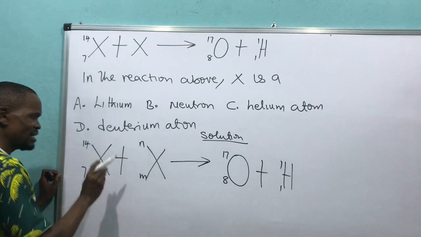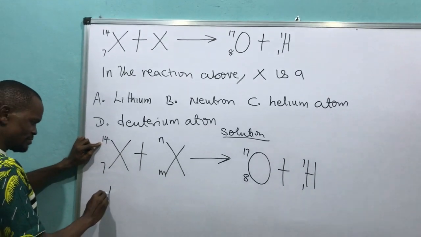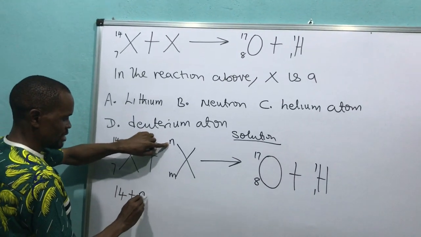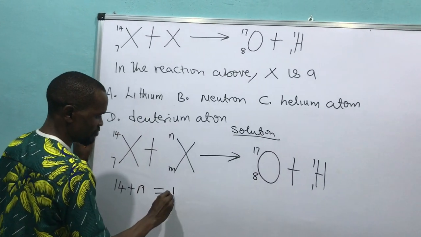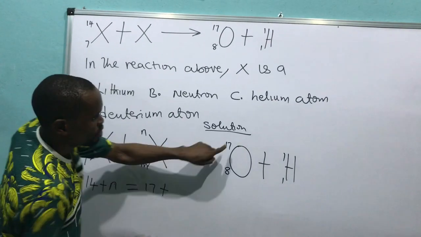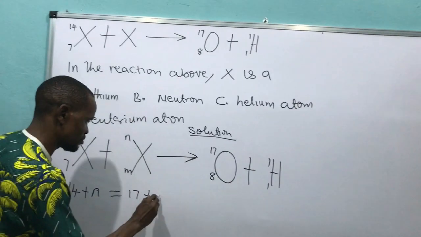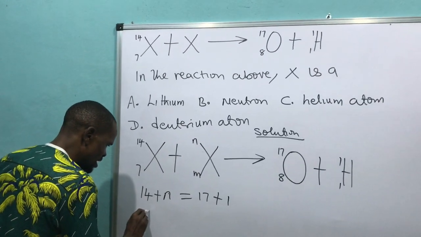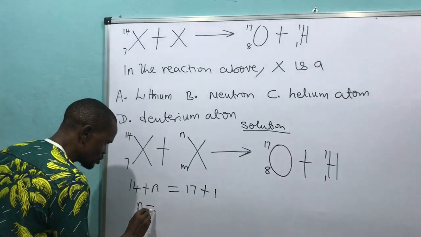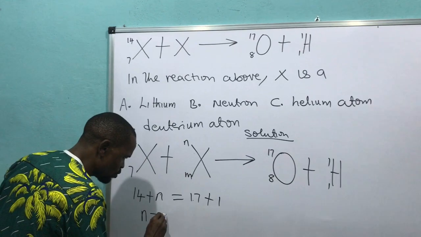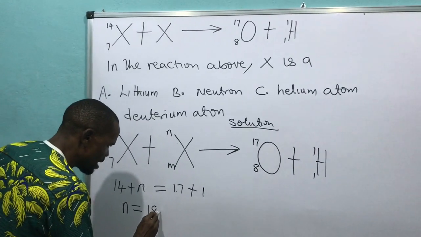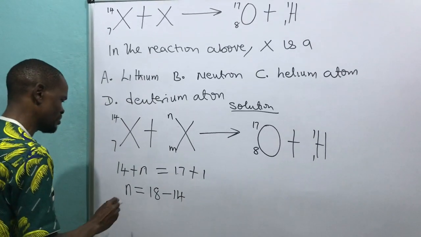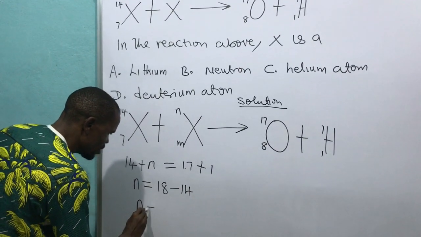This implies that 14 plus N is equal to 17 plus 1. N is equal to 17 plus 1, which gives me 18, minus 14, and my N will give me 4.